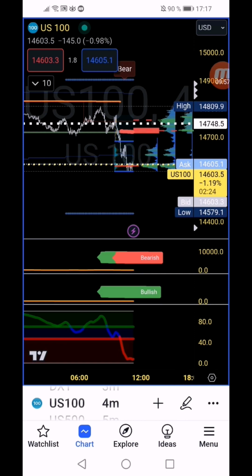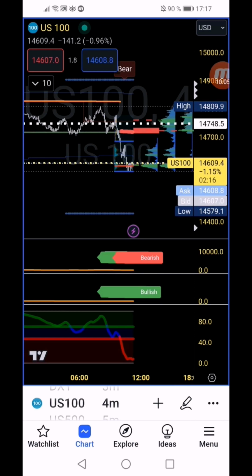Now the market is starting to go short or long, or the market is short, but don't sell now. Wait, in 2 hours the market will fall again.